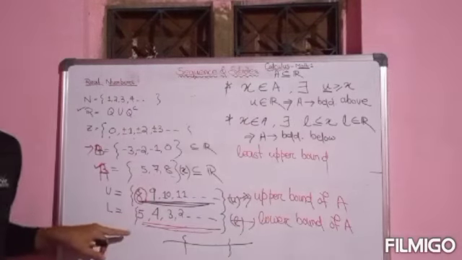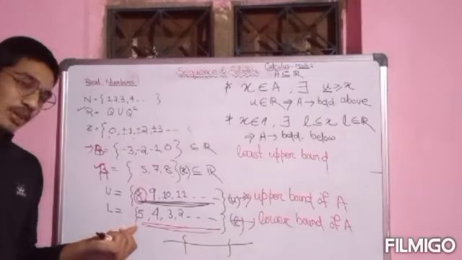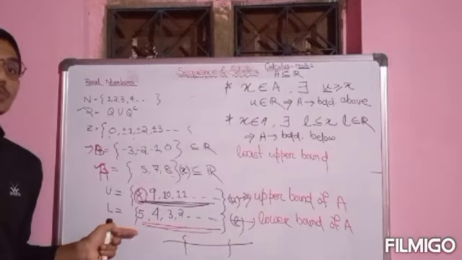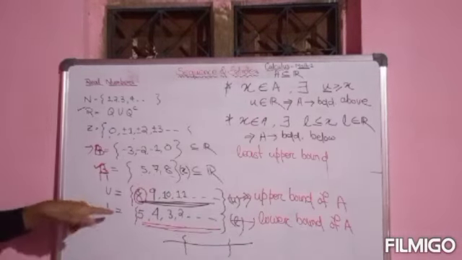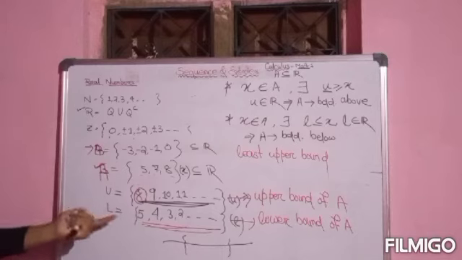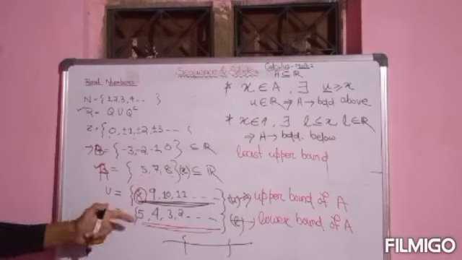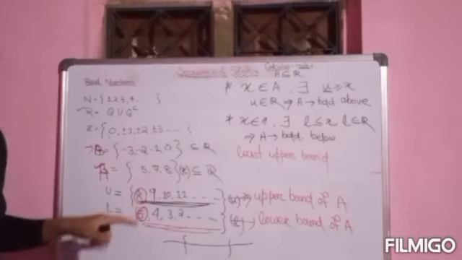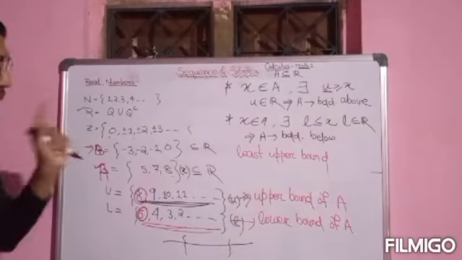Similarly, in the lower bound set, there exists a number which is greater than or equal to every number of this lower bound set, so there exists a greatest lower bound, which is 5 here. I will call this the greatest lower bound.